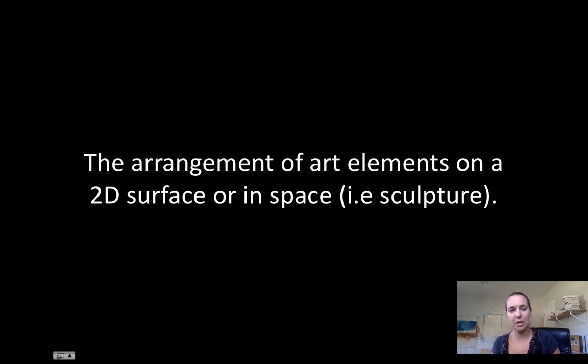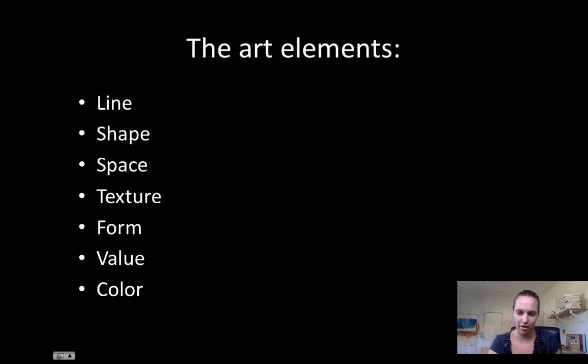For example, music composition is the arrangement of notes or beats. When you're writing an essay or an article, that is the arrangement of words. So composition in general means to arrange something, and for art, it's the art elements. So we are arranging art elements.